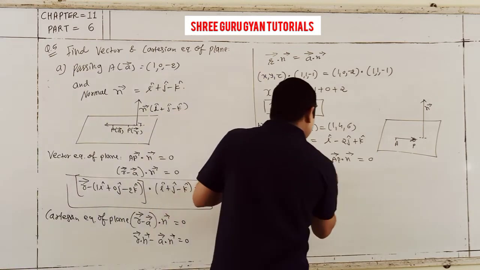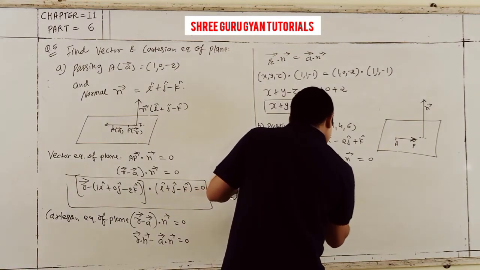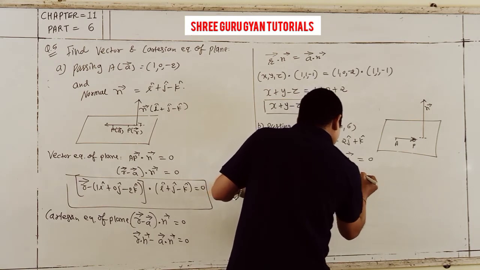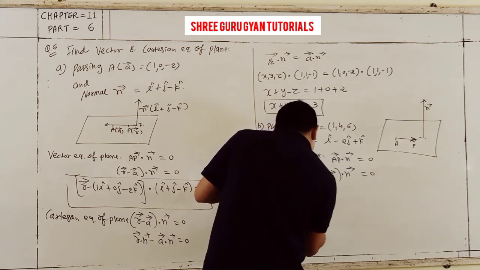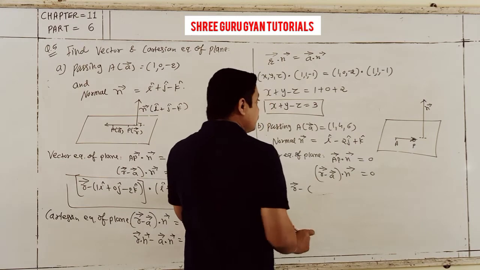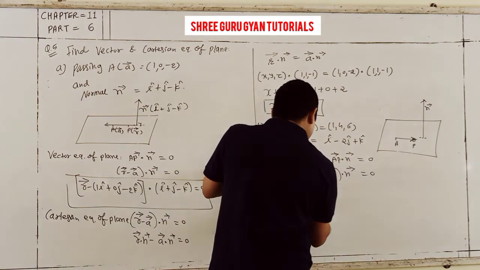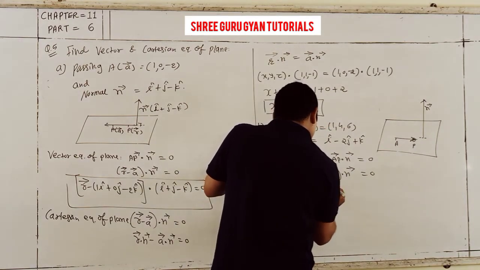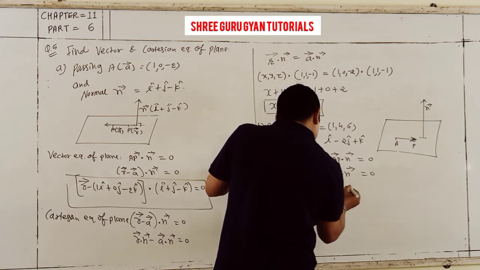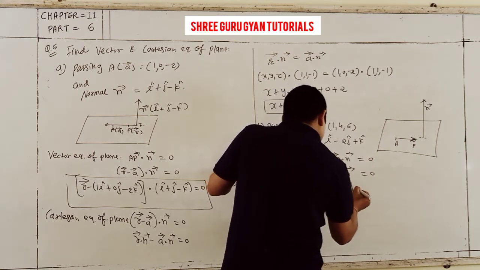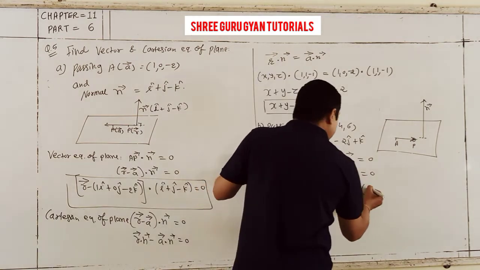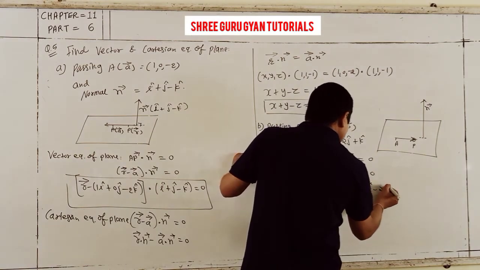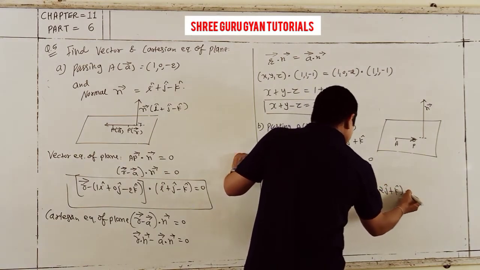Now A to P is r minus a dot n. r is same, but a is, students, simply you apply that 1i, 4j, 6k dot n, is a normal i minus 2j plus k, is equal to 0.